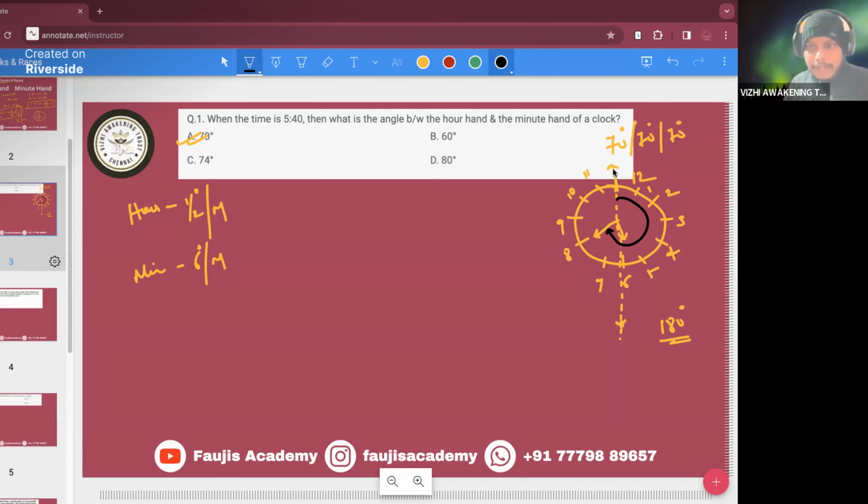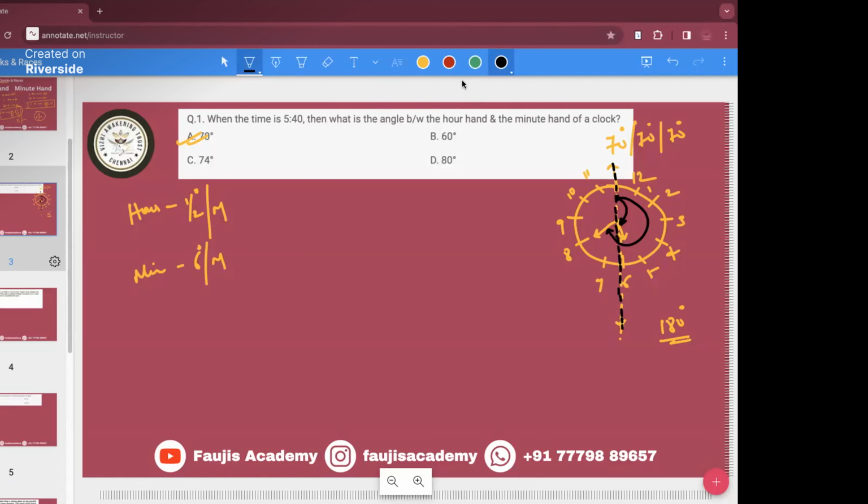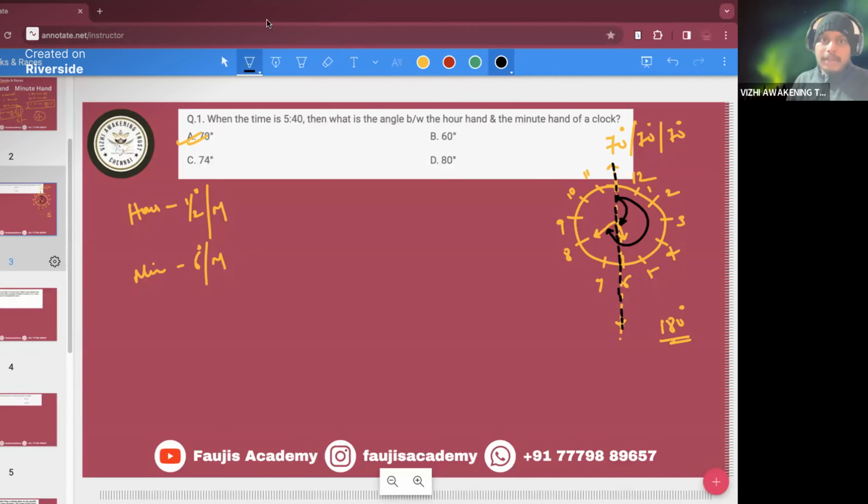My point is that if we keep this as the reference line, the 180 degree, from 12 to this angle, and if we reduce this from this, will we be able to calculate the angle between the hour and the minute hand of the clock? Yes, sir, yes, we can.